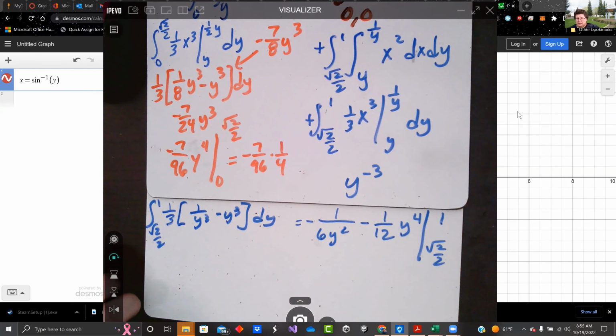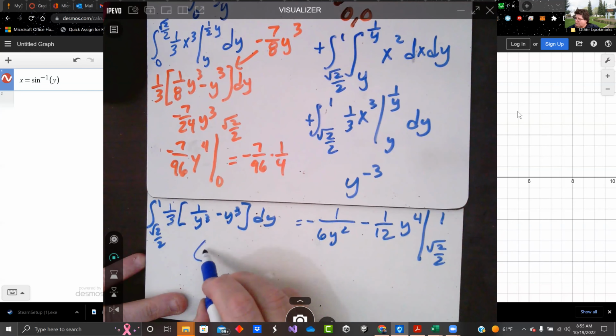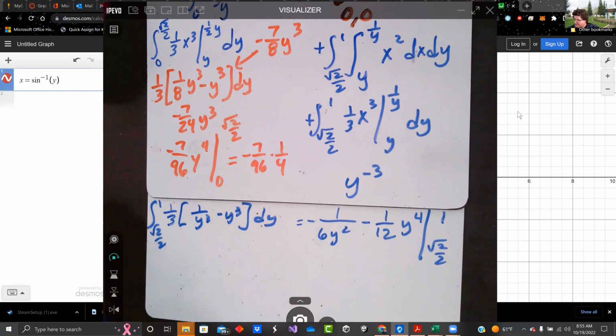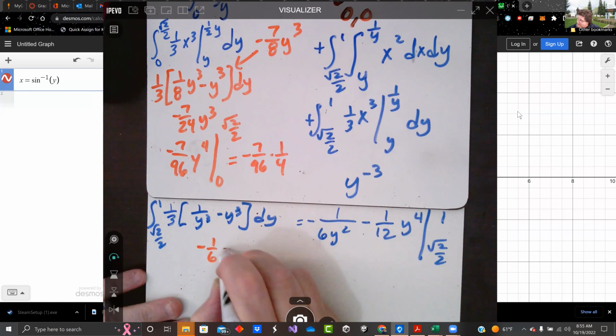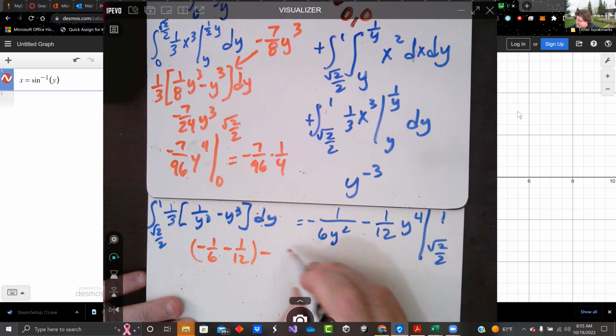So we've got -1/6. I'll do this part orange so it stands out a little bit better. We've got -1/6 minus 1/12, minus square root 2 over 2 though.